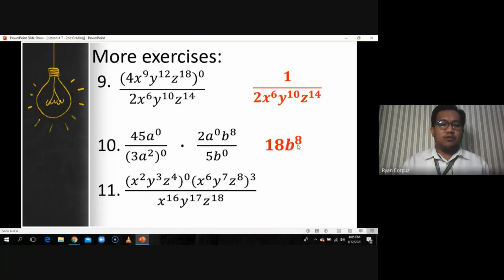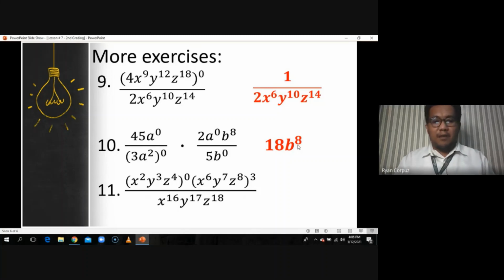As long as you know how to use the different laws of exponent, or how to simplify zero exponent, you have nothing to be afraid of. Just apply it correctly, then you will end up with the correct answer.